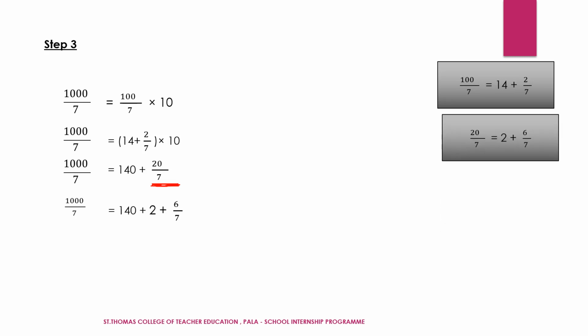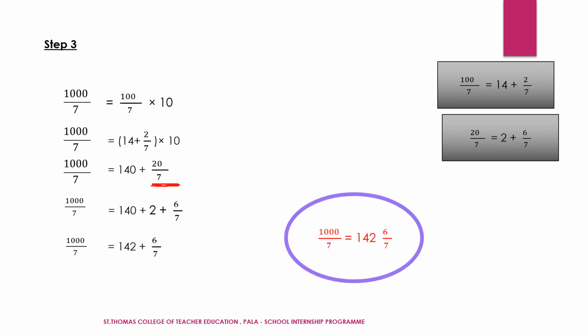All of you must do 20 by 7 in order to check whether you are getting 2 plus 6 by 7. Okay. Now, what is your next one? Yes. 140 plus 2 is 142 plus 6 by 7. So, we can write 1000 by 7 as 142 6 by 7.